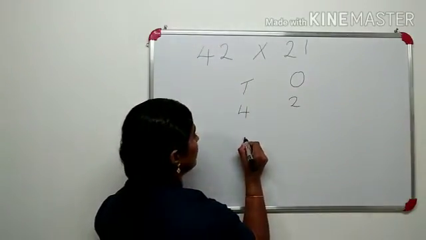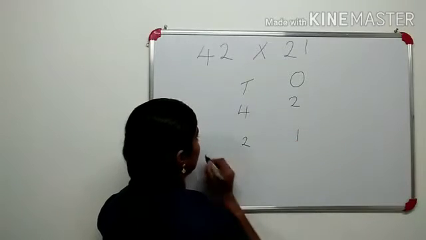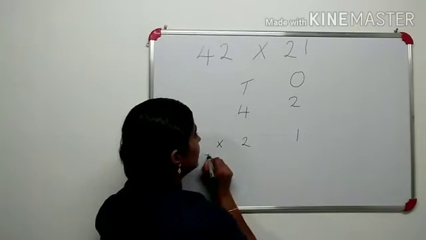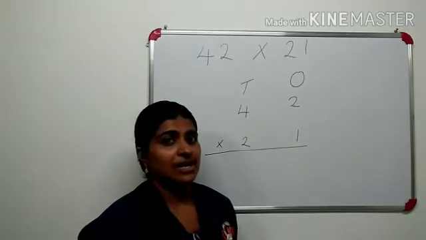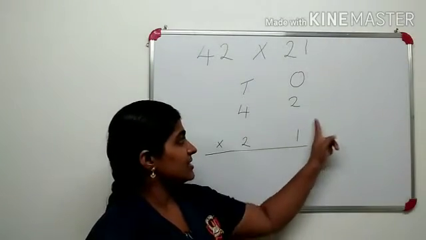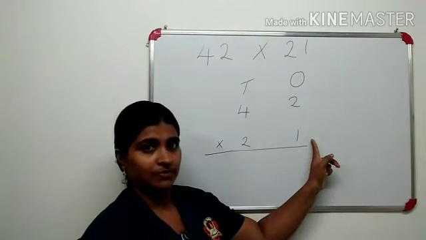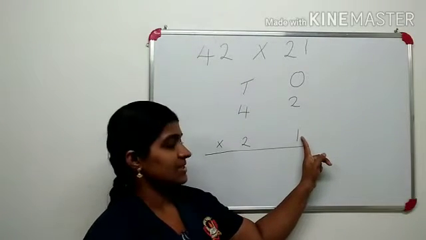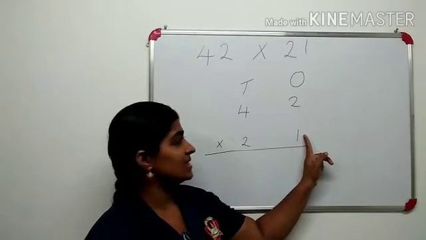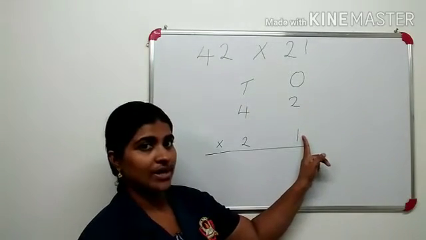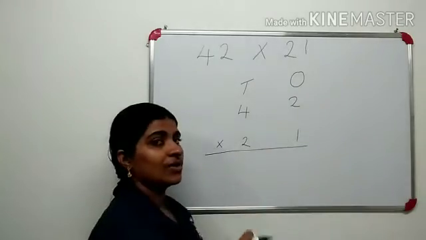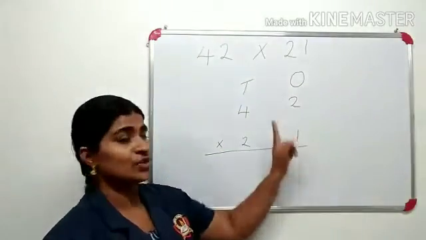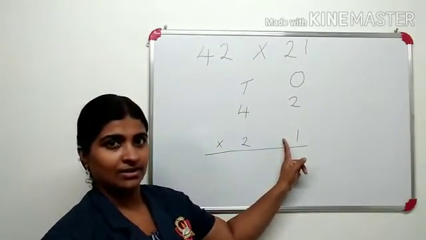Likewise 21 also. First we are considering the ones digit in the multiplier, that is 1. We are going to multiply 42 by 1.